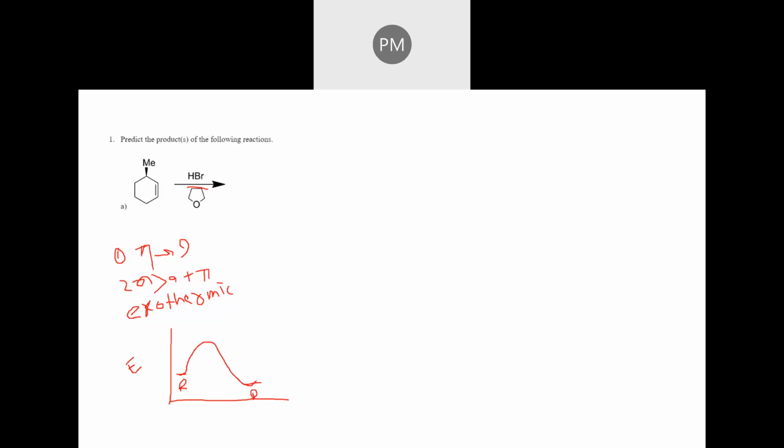Now we have to know that for Markovnikov addition, the Br will be added at the position where the substitution is more. If you look at the product, the reaction will go like this. This is the reactant.